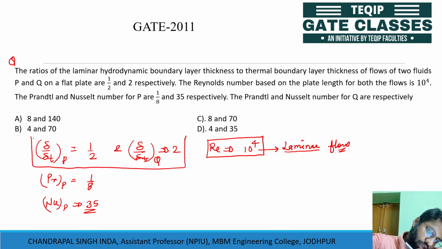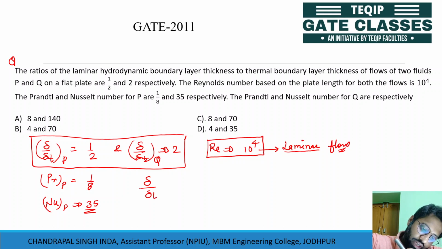As we have studied, the ratio of delta by delta T is proportional or equal to the Prandtl number power 1 by 3rd. So here for fluid P, the value of this ratio is 1 by 2, which is equal to Prandtl number power 1 by 3rd.